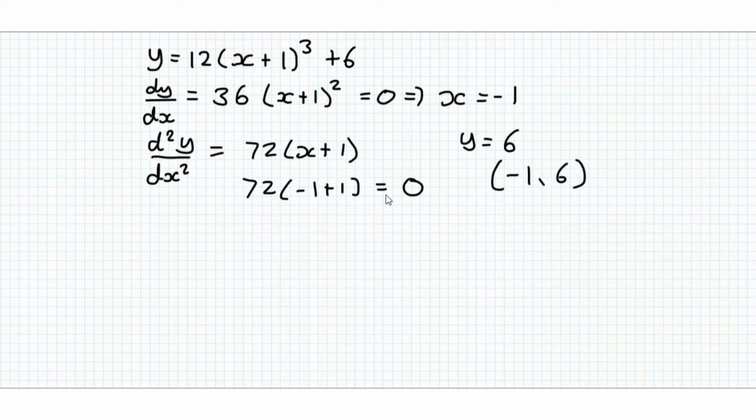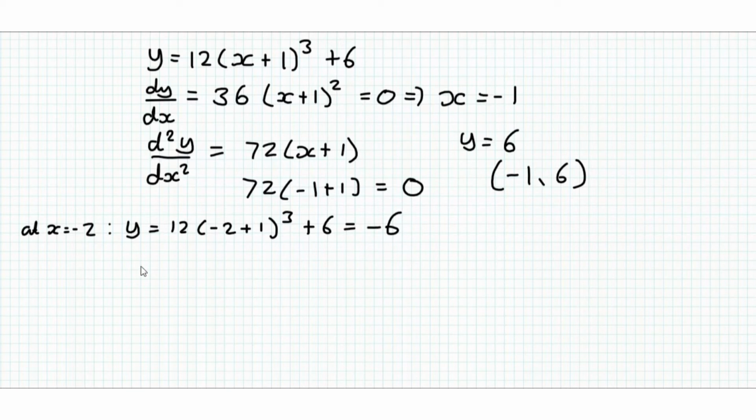And now we're going to look at x coordinates just either side of it. So we put x equal to minus 2, that gives us y is equal to 12 times (minus 2 plus 1) cubed plus 6, and that comes out equal to minus 6.